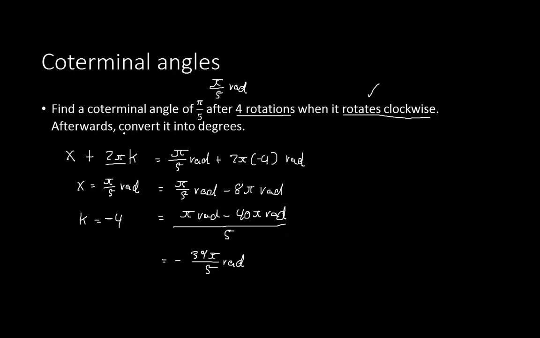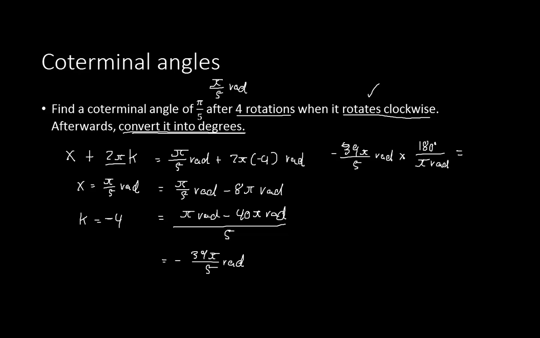But the second objective is to convert it into degrees. So let's convert negative 39 pi all over 5 radians to degrees. Remember, radians to degrees, multiply with 180 degrees all over pi radians.